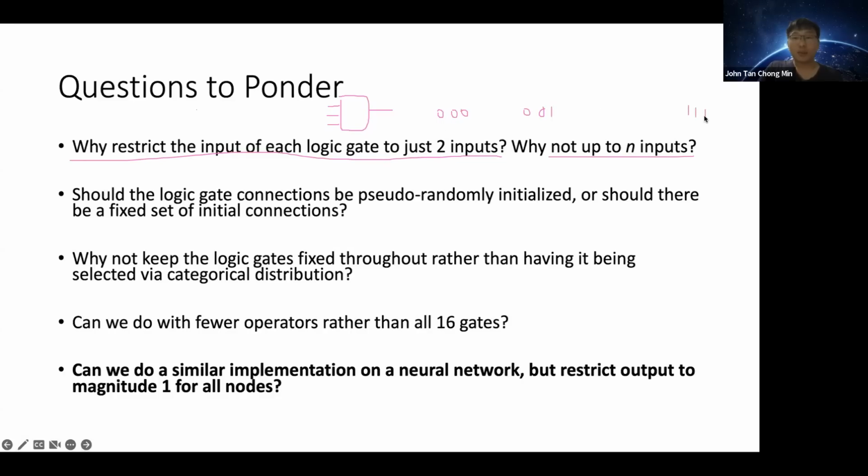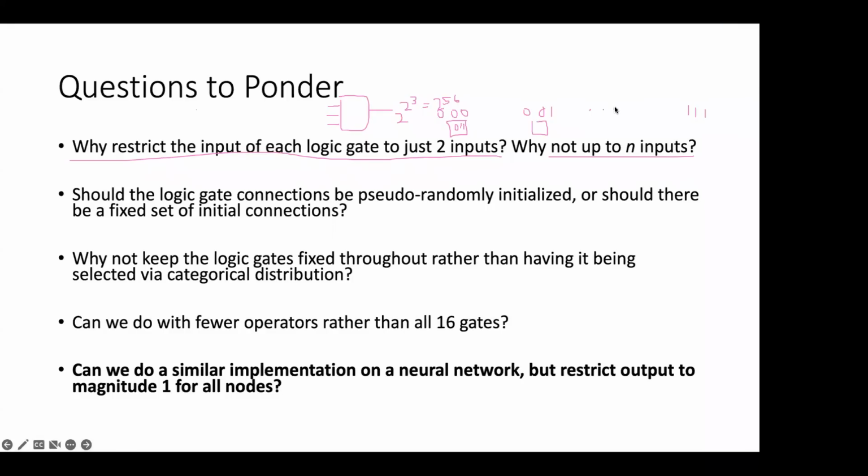So that is actually 2 to the power 3. And then you also have an output that you need for all of these, right? So it is 2 to the power of 2 to the power 3, which is 2 to the power of 8, 256. So 256 gates, because each output is either 0 or 1. So actually it scales exponentially.